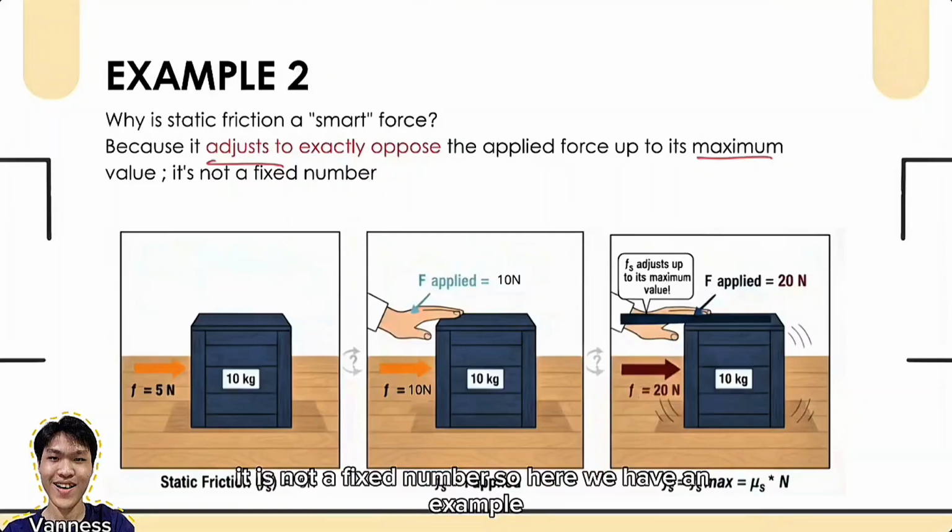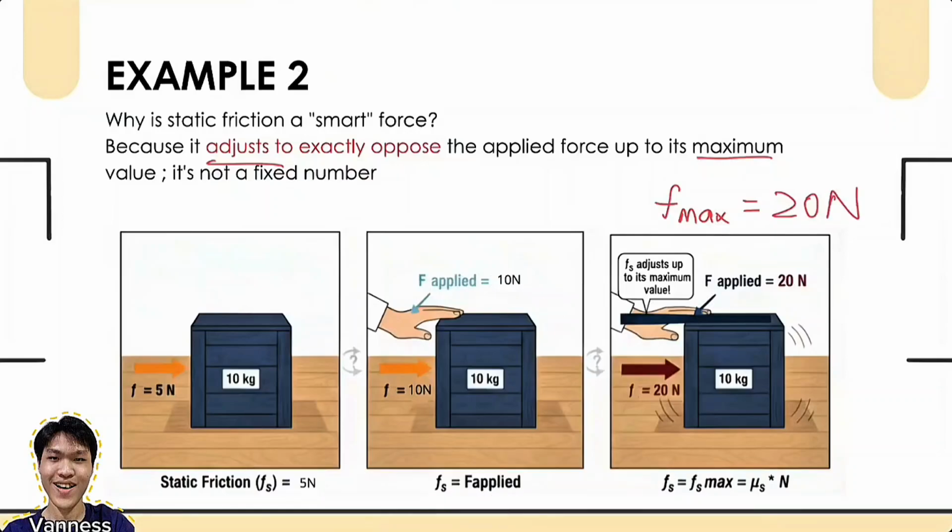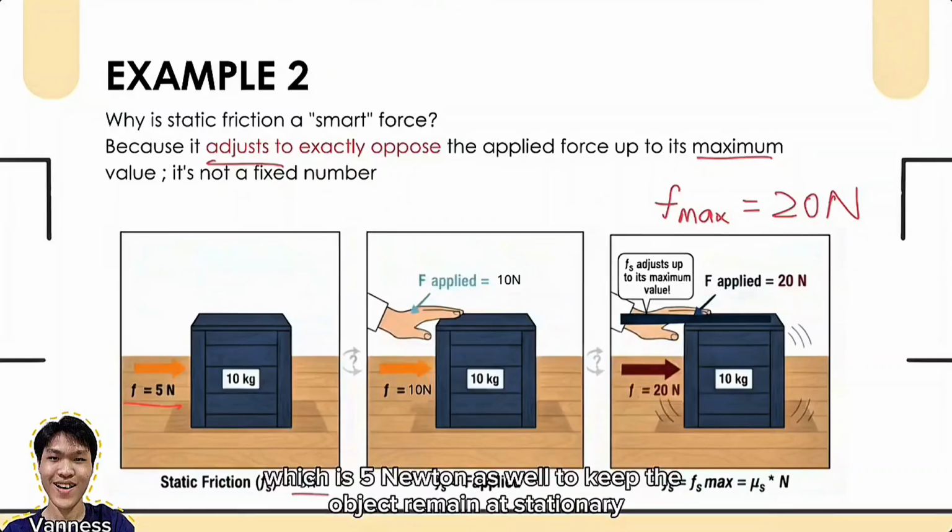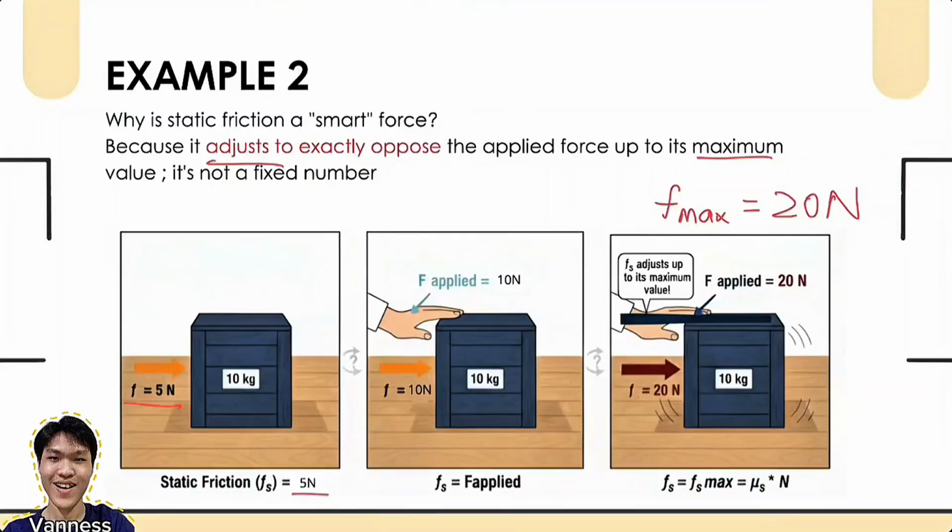So here we have an example. Let's say the maximum static friction is 20 Newton. In the first image, we can see that the force applied is 5 Newton. The static friction will match it, which is 5 Newton as well, to keep the object stationary. In the second image, when the force applied is 10 Newton, Fs will also be 10 Newton.